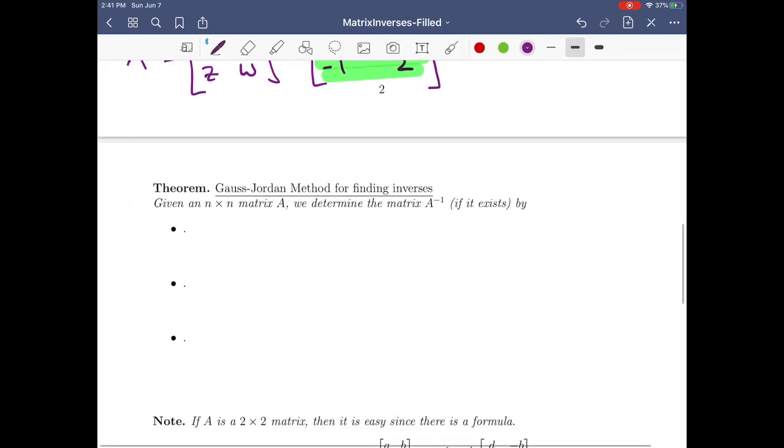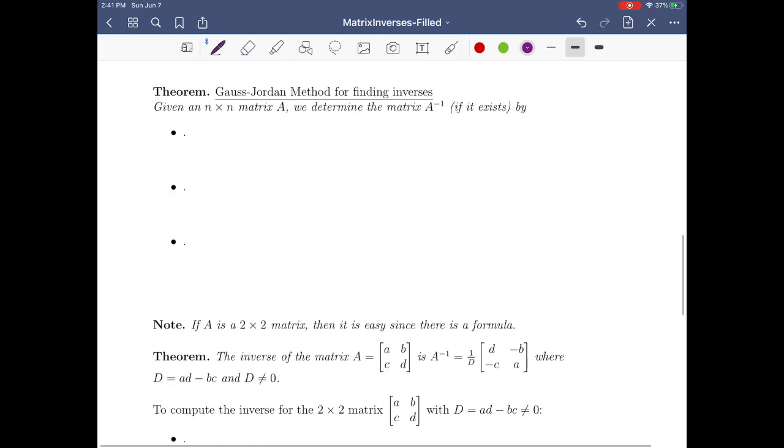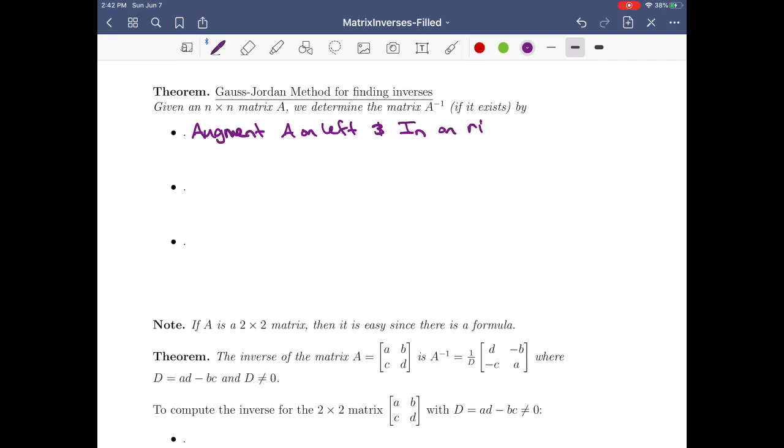We still need to do the Gauss-Jordan elimination method though. So, given an n by n matrix A, so a square matrix, we can determine A inverse, if it exists, because remember, not all square matrices have an inverse. So what we do is we augment A on the left, so matrix A, and the identity matrix of the same size, so I_n, on the right.